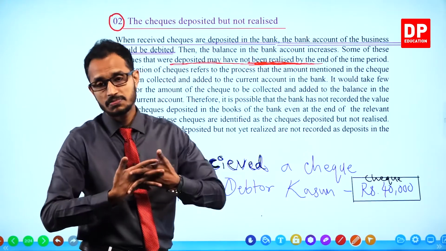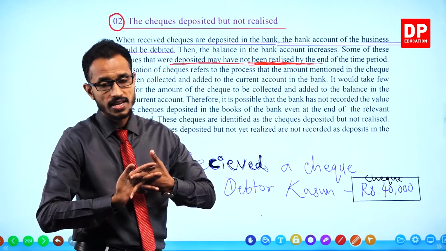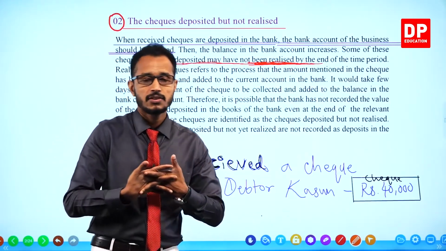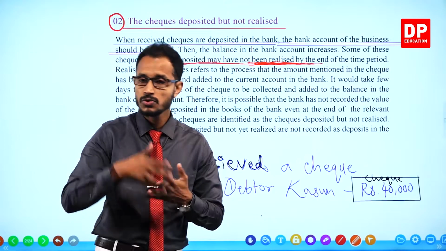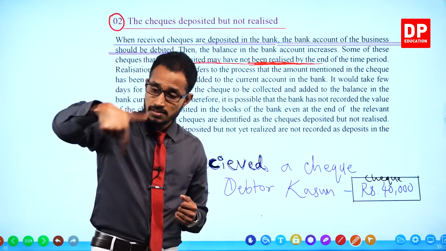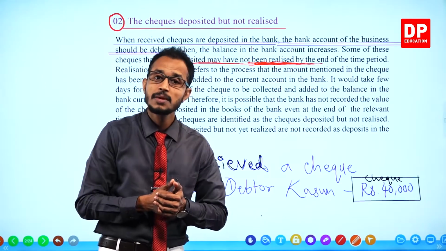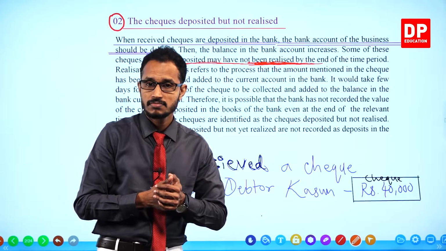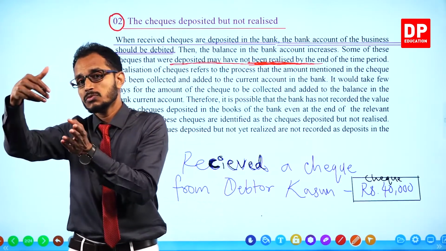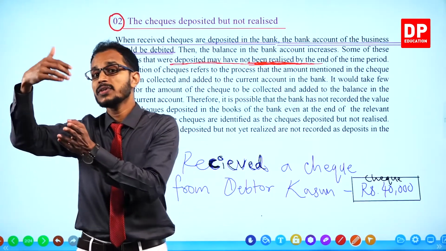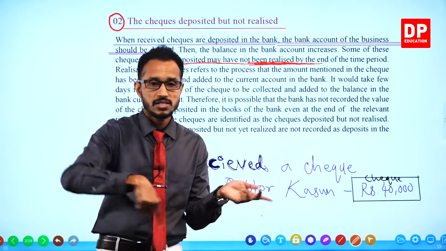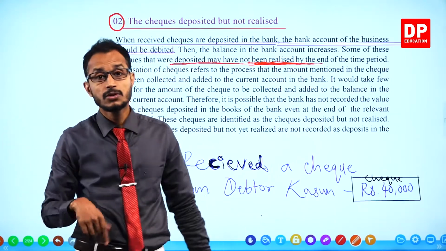When that happens, it could take a few days for the bank to get the cash on behalf of that check from the payer's account and transfer the money to our account.